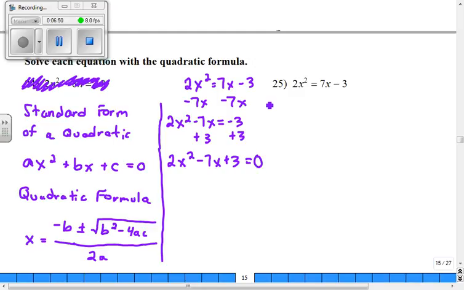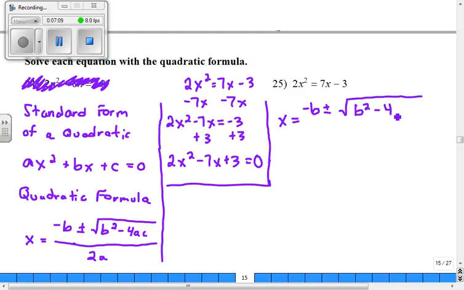Now that I have my equation in standard form, I can use the quadratic formula. So once again, my quadratic formula is x equals negative b plus or minus the square root of b squared minus 4ac all over 2a.